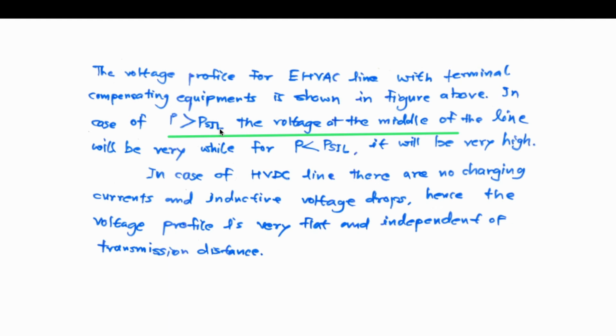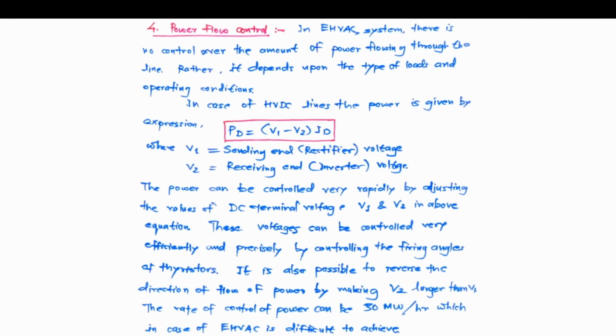Consequently, a compensating circuit or voltage profile maintaining circuit will be required, but that is not the case with HVDC. Let us move ahead further.